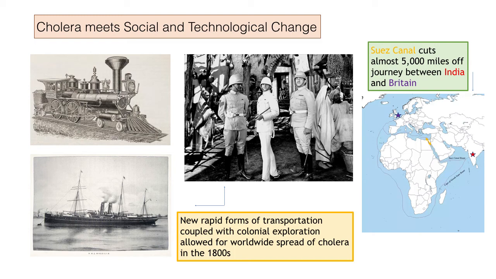But the early 19th century also saw remarkable technological advances in troop and civilian movement with the invention of the railroad and the steamship. Journeys that once took months and months could be completed in days or even hours. Add to this the opening of the Suez Canal in 1860, and human movement became fairly rapid. So we can imagine a scenario in which British troops located in a relatively remote area in India become infected with cholera.